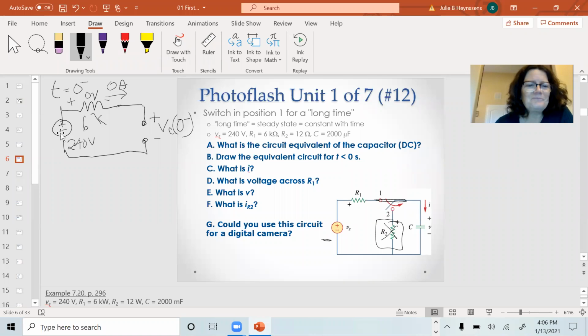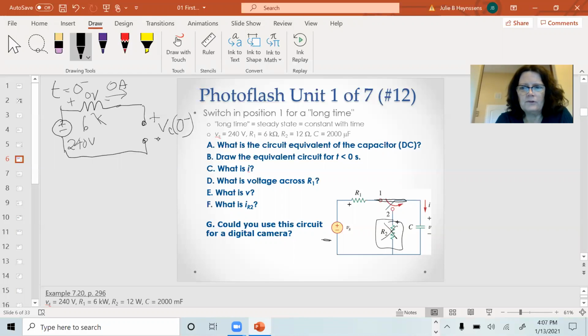Okay. So now with this simple circuit, I've got the voltage across the DC supply. I have the voltage across the resistor. The only unknown voltage in that loop is the voltage across the capacitor. So I can apply KVL: 240 minus 0 minus VC equals 0.